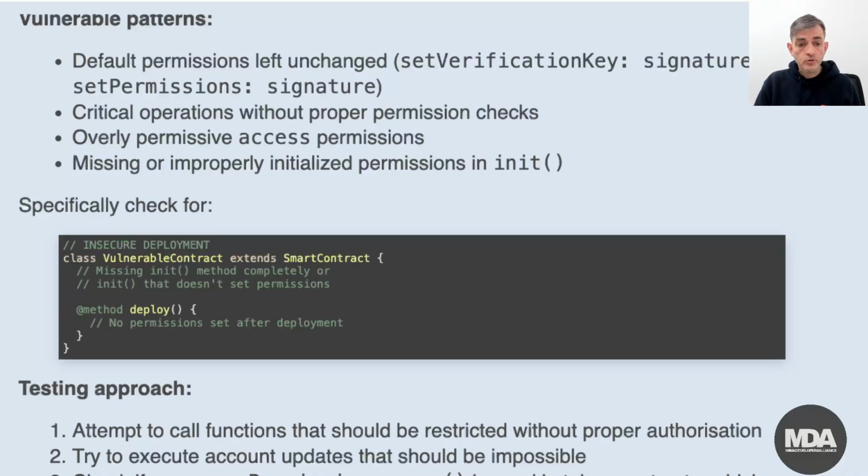You could try to execute some updates that should be impossible, and also check if the permission "none" is used in the token contracts, which may be bypassing token rules. And also, if you're unsure, you can check the documentation to see if what we have lines up with the security model that we are expecting.